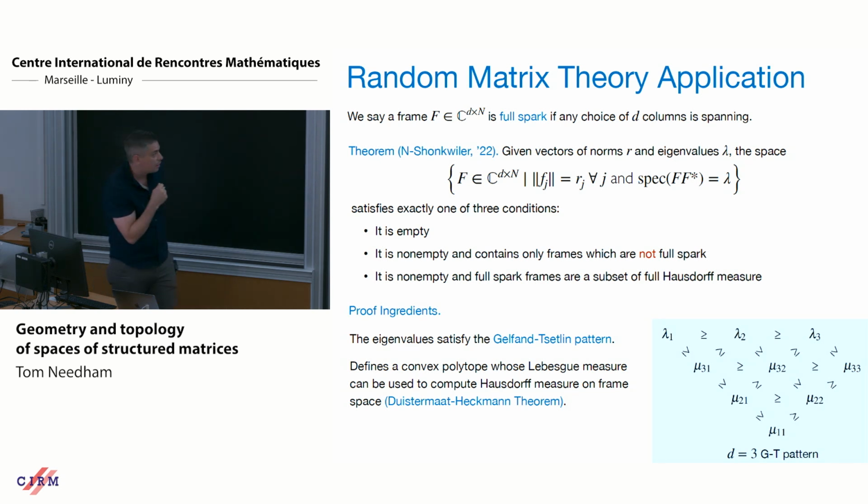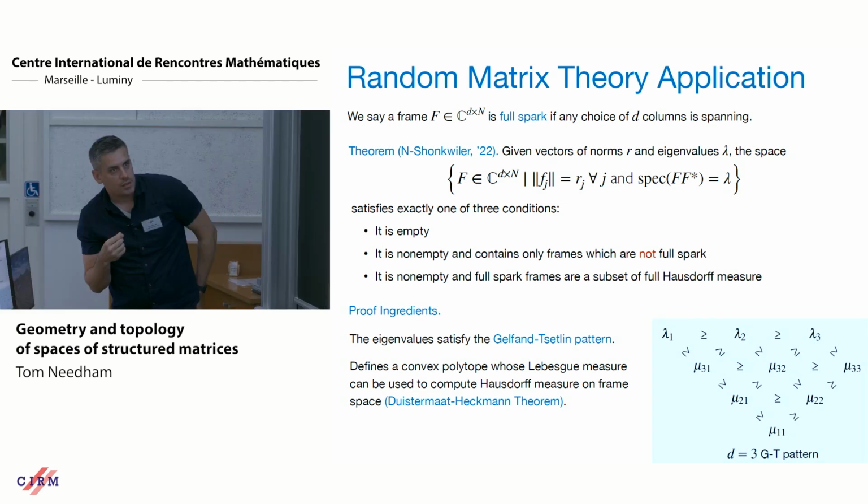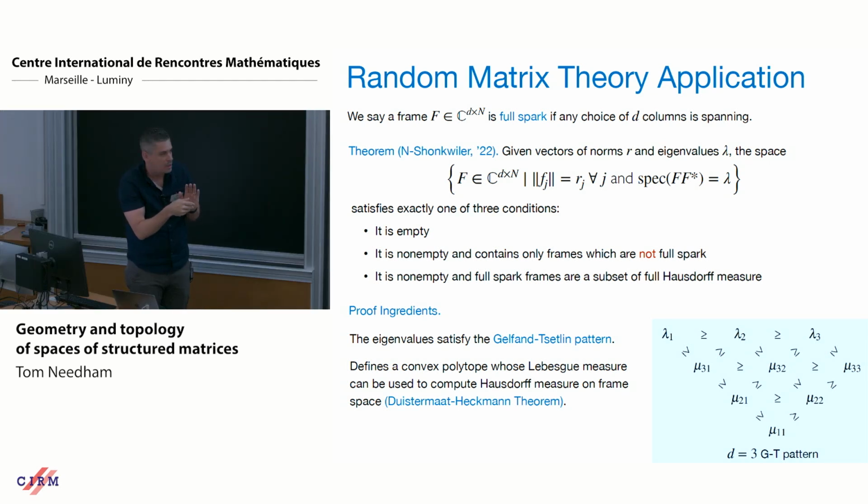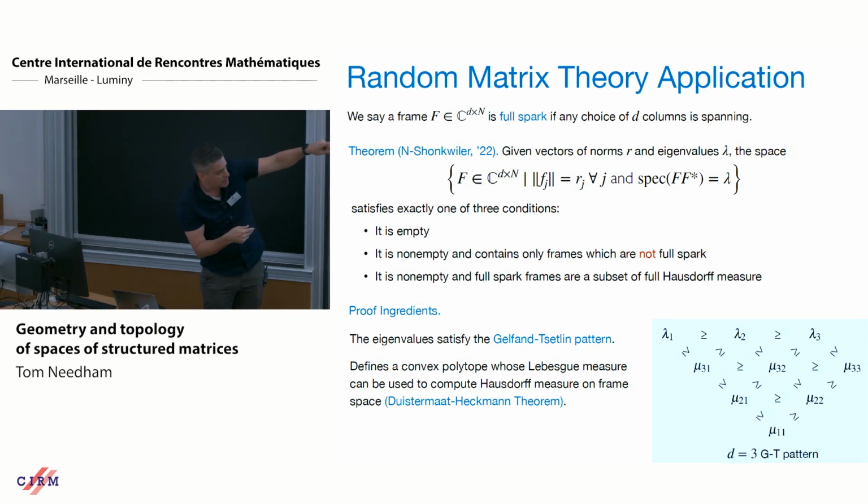This is what's called a Gelfand-Tsetlin pattern, which corresponds to the Gelfand-Tsetlin system, an integrable system. The eigenvalues are interlaced in this particular way. I'm not showing any of the zero eigenvalues; the partial frame operators are all low rank, so there are a lot of zero eigenvalues. The potential non-zero ones have to satisfy these inequalities.